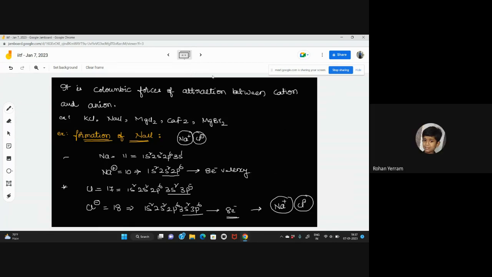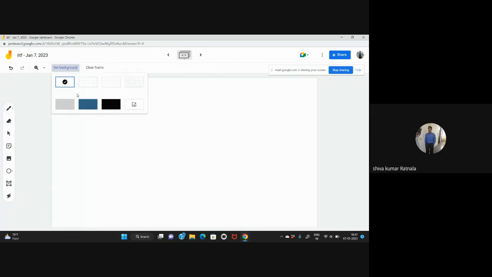For example, let me take one more example: MgBr2 or MgCl2. Chlorine and bromine come under the same group, with the same electrons only; the difference is just that.